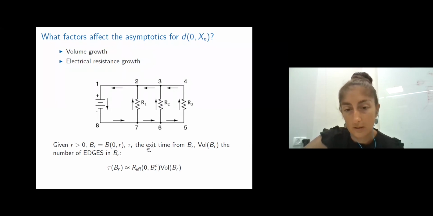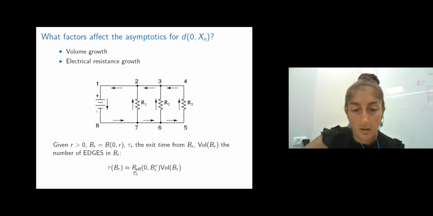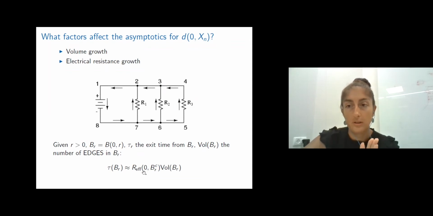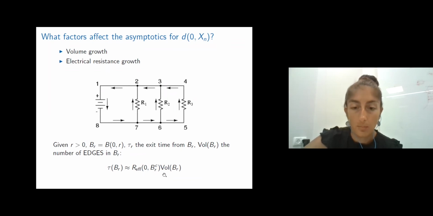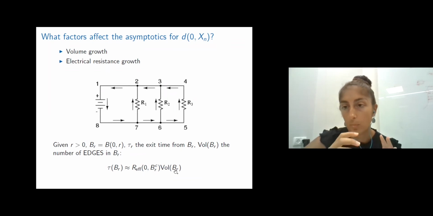Okay, so for example, the expected exit time will be of this order. In most cases, it should be of order proportional to the effective resistance from the start point to the boundary. So for example, in the binary tree where you have lots of paths to the boundary of a ball, this effective resistance is very small, times the volume of a ball.